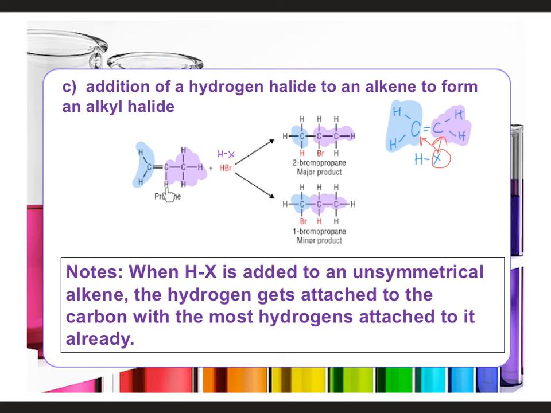So according to those rules, because this carbon already has two hydrogens, we're going to add the hydrogen to this carbon and the halogen to the other carbon, which is why our picture is showing that 2-bromopropane is going to be the more common product, because the hydrogen joined onto the carbon that already had more hydrogens.